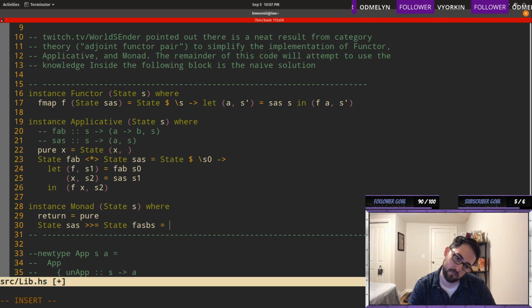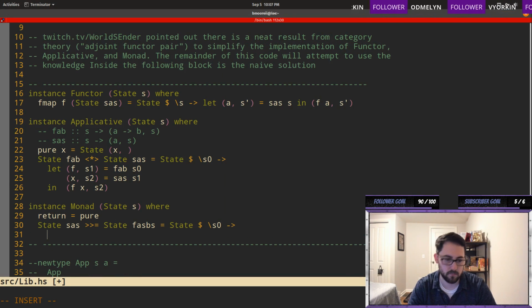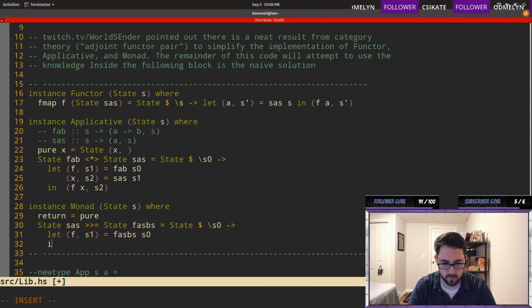I assume we're going to use something like this, where we get F. We really need an extra state in here, don't we?